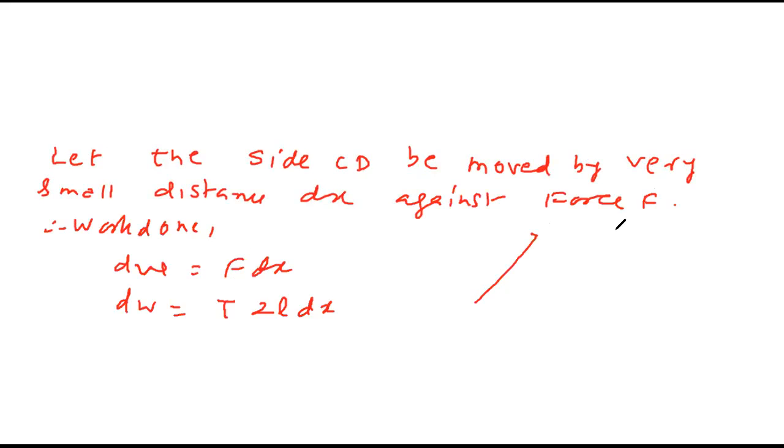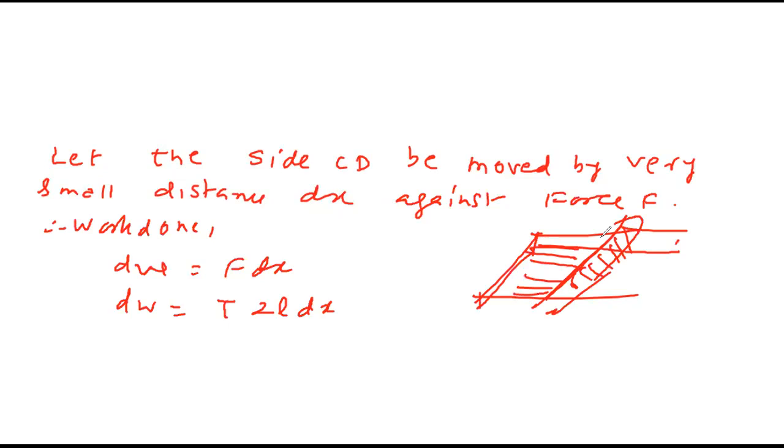Actually speaking, this is l dx from the top. In the same way l dx will be from the bottom, because the frame is of finite thickness. This is the frame, so the film layer forms from both top and bottom.